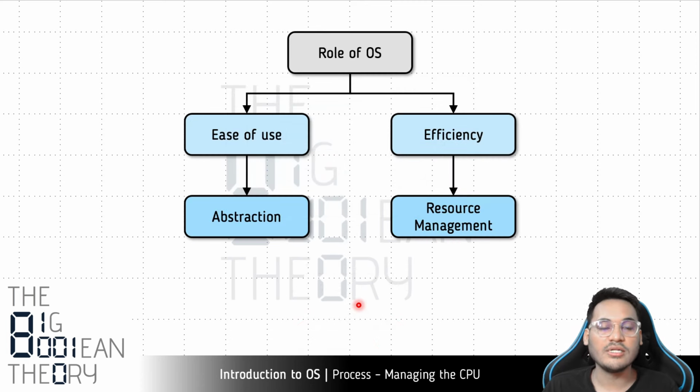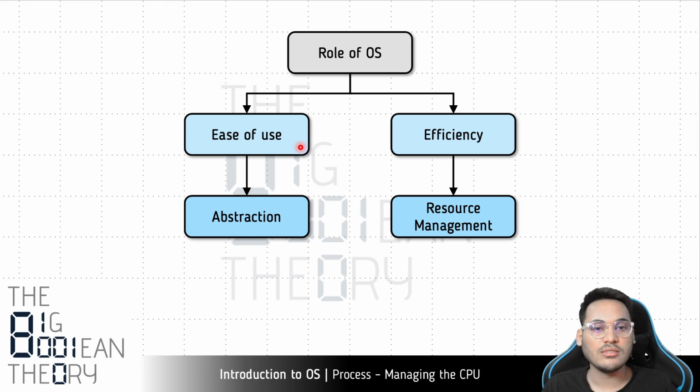As we said in the previous video, in the context of the computer hardware, the operating system has two fundamental responsibilities. The first is to make sure that the hardware is easy to use, and for that it provides abstractions on top of the physical hardware.